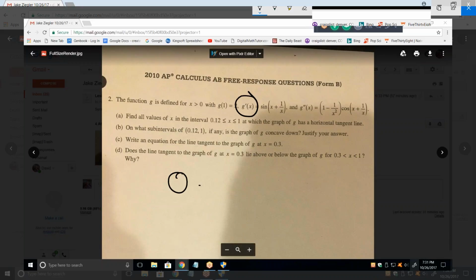Well, let's let 0 equal the sine of x plus 1 over x. Now we have to solve that equation. Where's the sine equal to 0? Here's the sine curve.